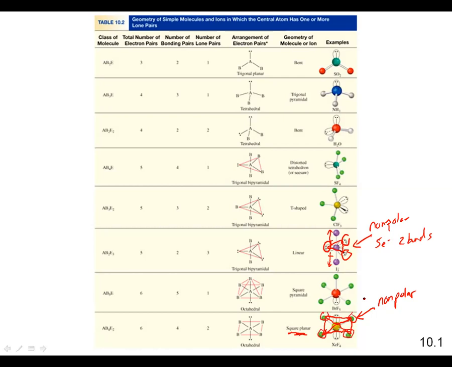So those are two exceptions to symmetrical geometries where you can get dots on the center atom, but end up with a nonpolar molecule.